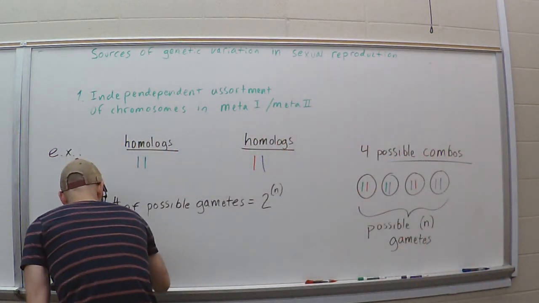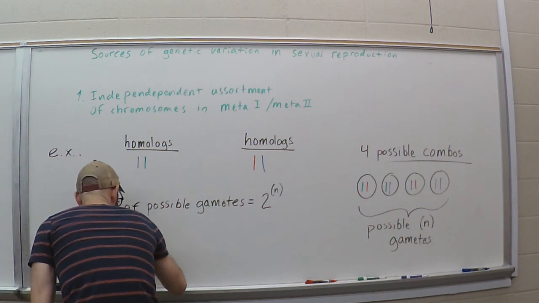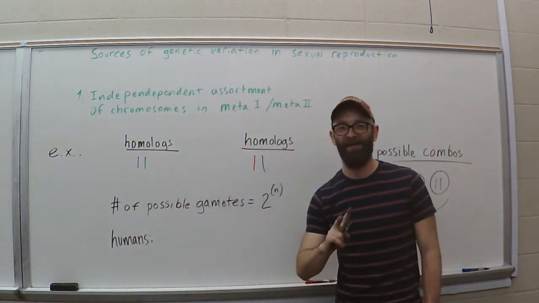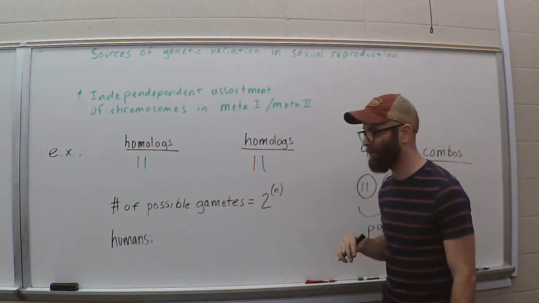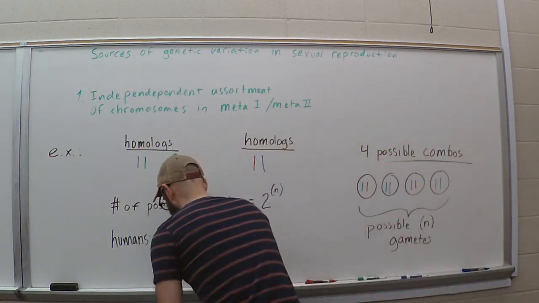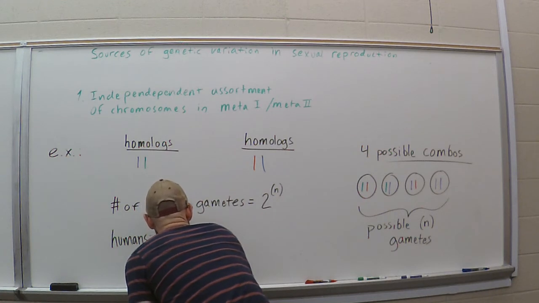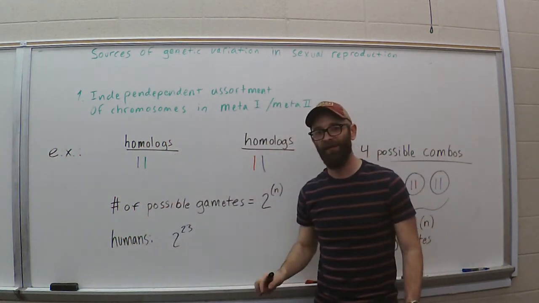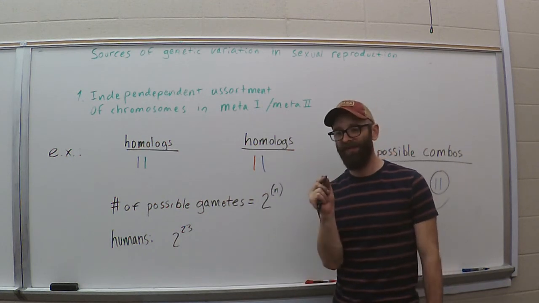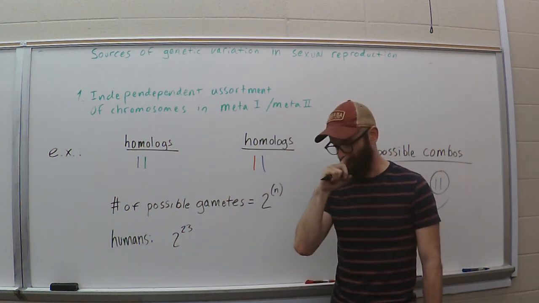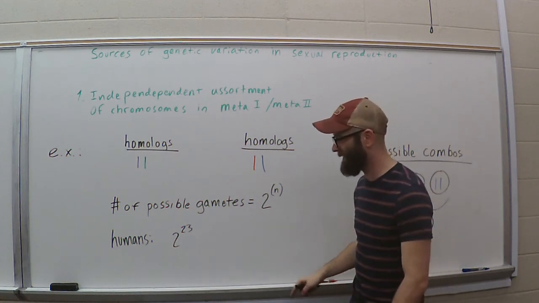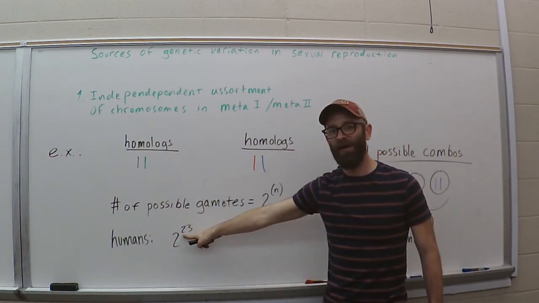If you remember, humans don't just have 2 pairs of chromosomes. Humans have 23 pairs of chromosomes. So the number of possible combinations of chromosomes that you can make in the gametes produced by your body is 2 to the power of 23.